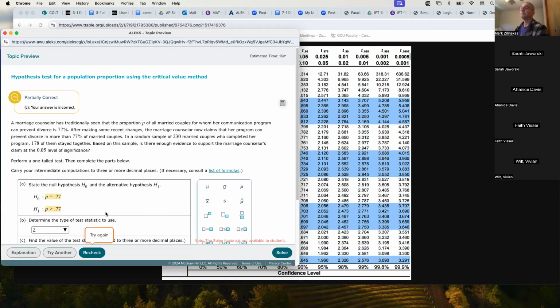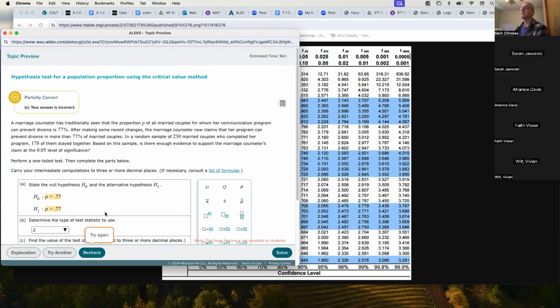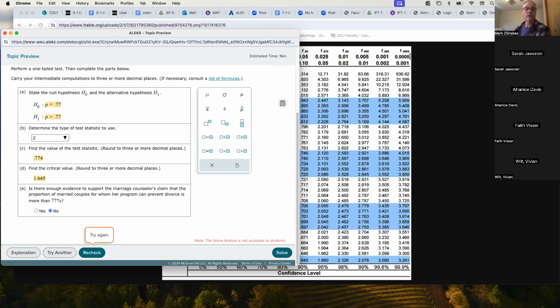And, okay, what did I do? Let's see, find the value of test statistic. C is incorrect. I thought that's what it said here, oh, I must have typed something in wrong there. I'm looking back over here. It's 0.141. Oops. Okay. Let me see if I can change that.